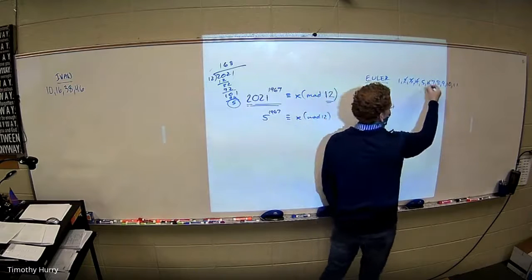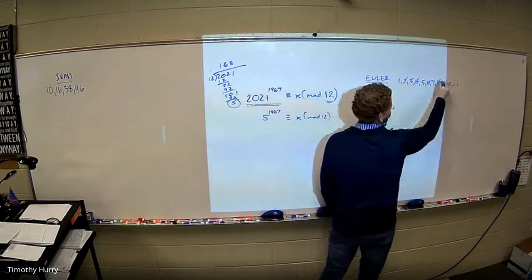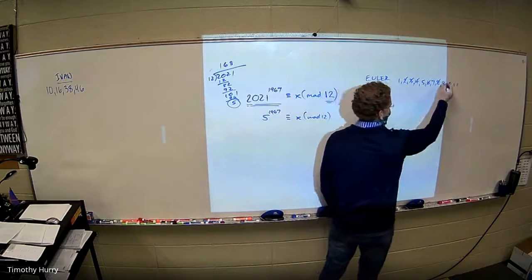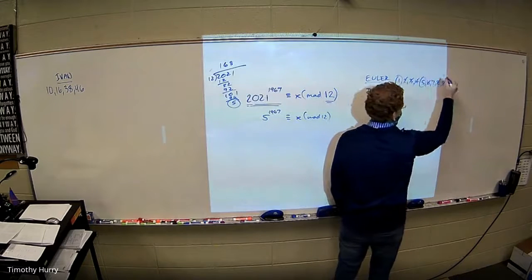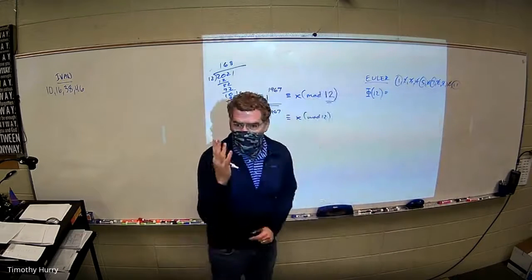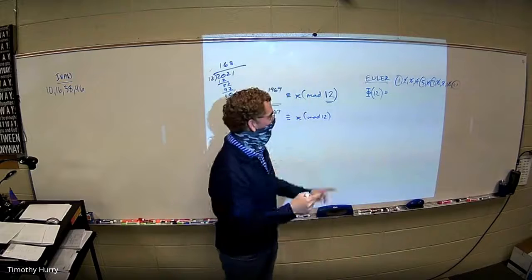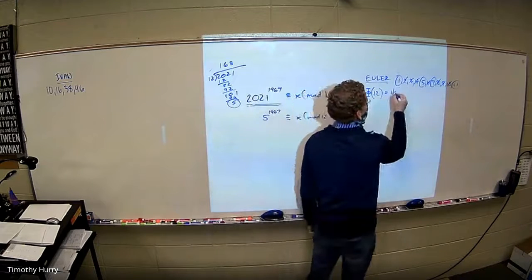This one has a 6. They don't have a 7. 8 doesn't, but they both have a 2 in it. This has a 3, so does that. That has a 2, so does that. So how many numbers did you have left? 4. So there are 4 numbers smaller than 12 that are relatively prime with 12. That means phi of 12 is 4.